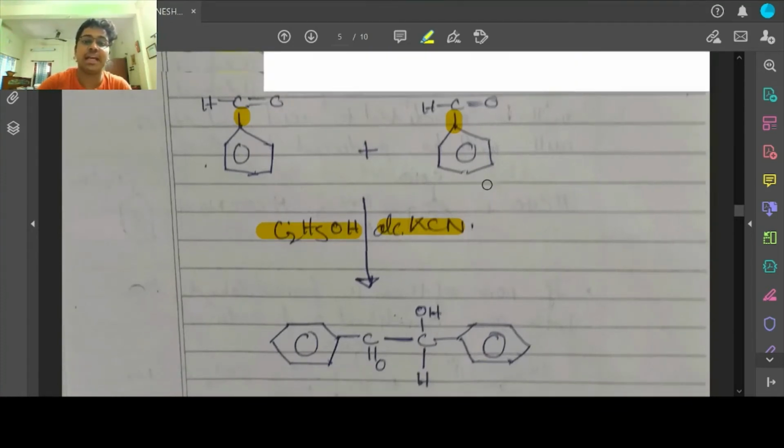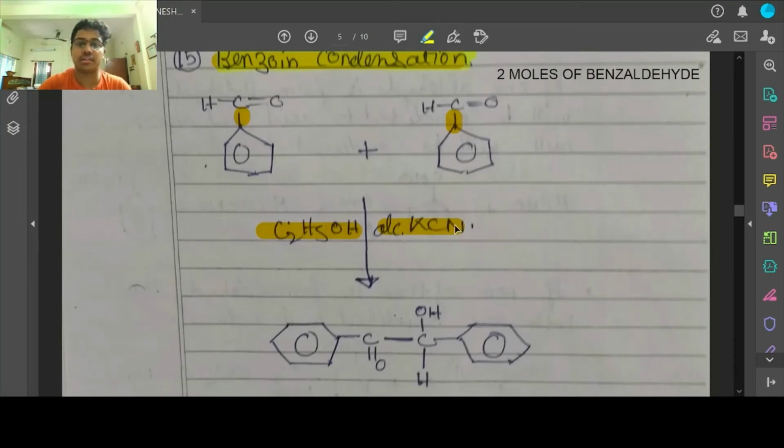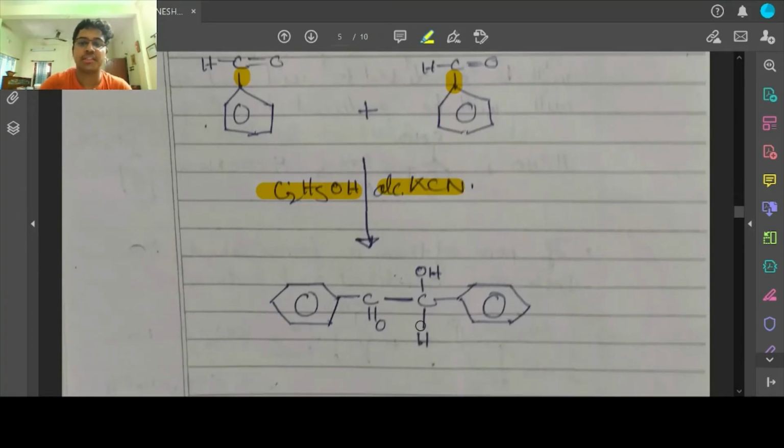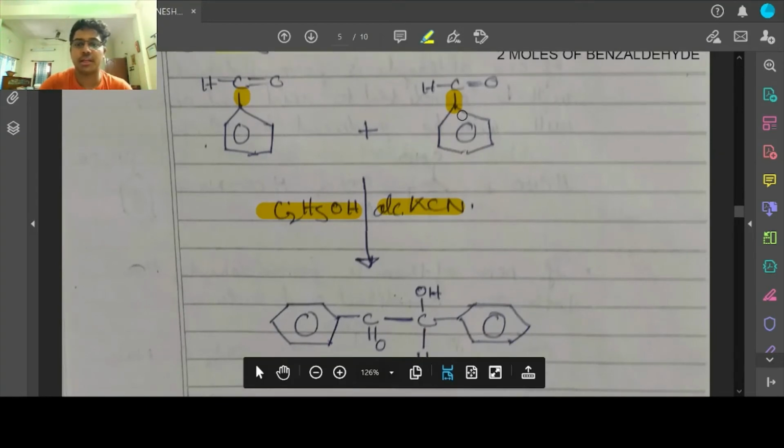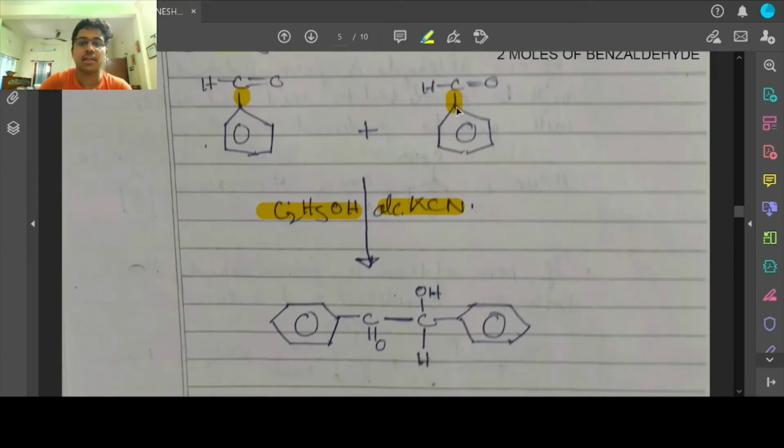And it undergoes aldol condensation. As we know, one hydrogen from the alpha carbon is transferred to the C=O group, which is converted to an OH group.